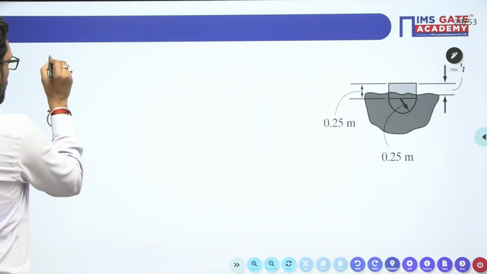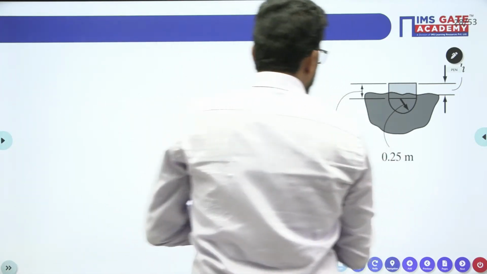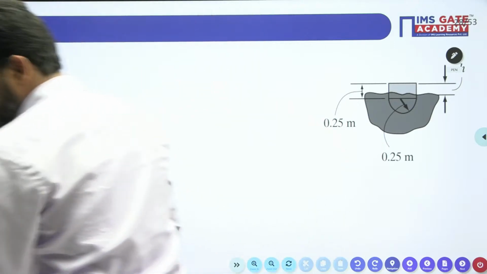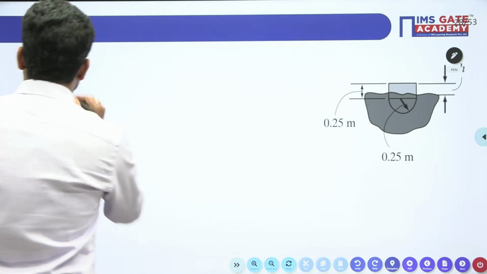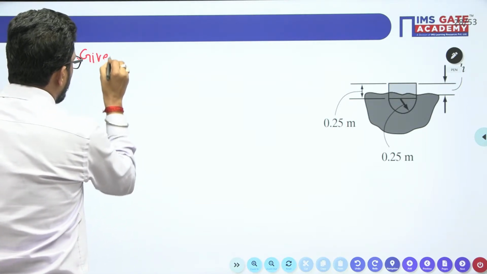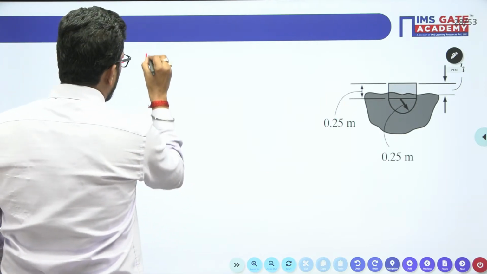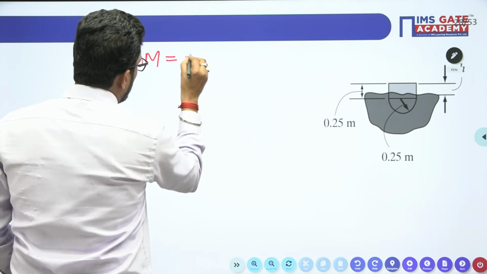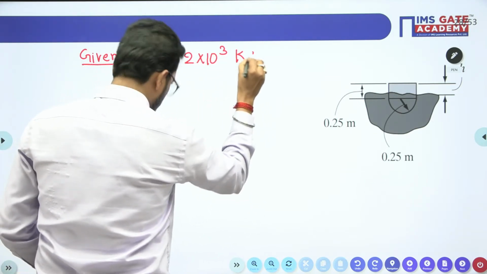See beta, if you find what is given here: mass of the platform is 2 cross 10 to the power 3 kg.